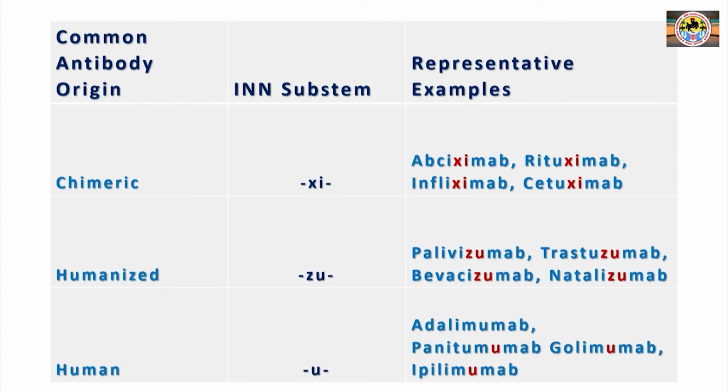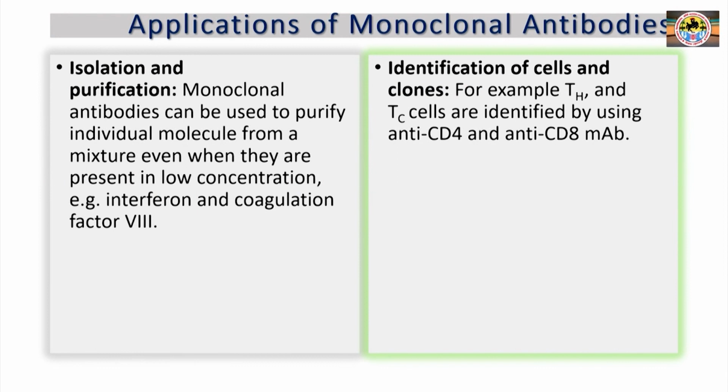In that nomenclature, generally this terminology is used, so on that basis we can understand which one is chimeric type, which one is humanized type, and which one is human type.